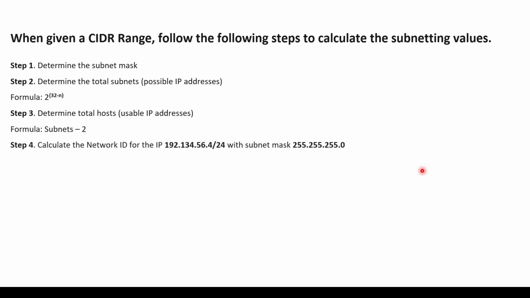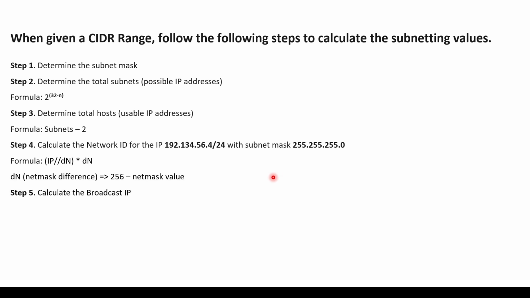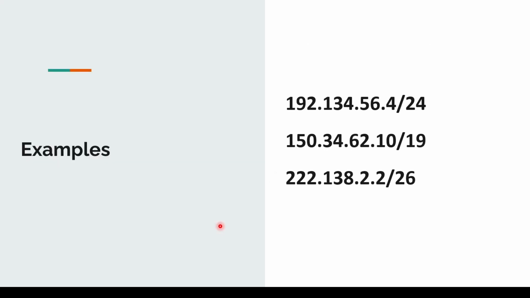Then step 4, we need to calculate the network ID for the particular IP address, for example 192.134.56.4 with a subnet mask of this. Whenever you are given an IP address like this, we need to calculate the network ID for it, and this is the formula to do that. Then step 5, we calculate the broadcast IP, and this is the formula where your p is the index position of the target net mask. Then we are going to perform some examples.